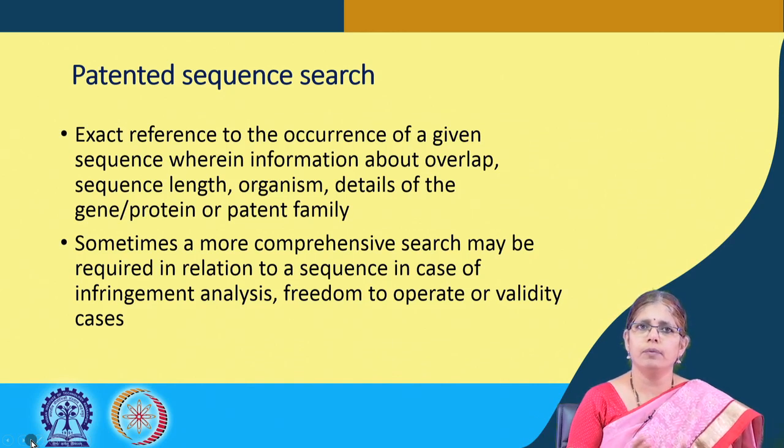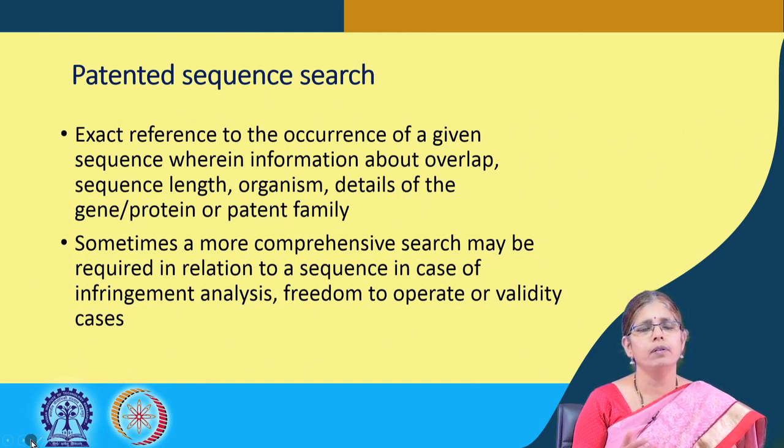So, what is it that we can expect when we are looking at a patented sequence search? We are looking at possibly the first instance would be a very general search, which would mean you are looking at the occurrence of a given sequence or a set of sequences in relation to a particular organism.